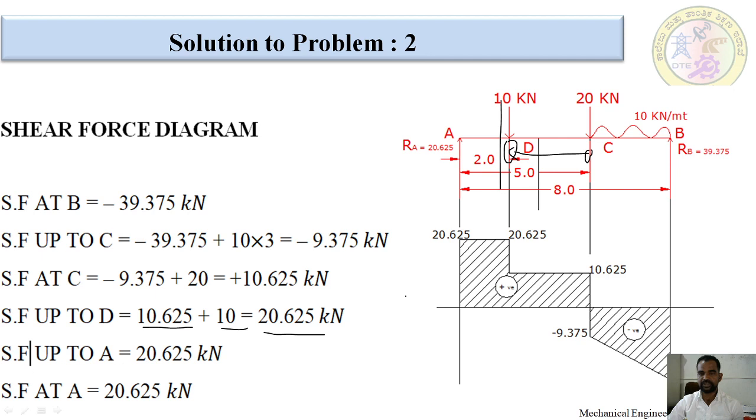After that, the shear force at the section up to here would be the same value only, 20.625. This is a trial and error method you have to calculate. If you start with this calculation, at this point you will get the same answer as the reaction at point A. For that reason 20.625, and this is the correct answer as per the shear force calculation concept.